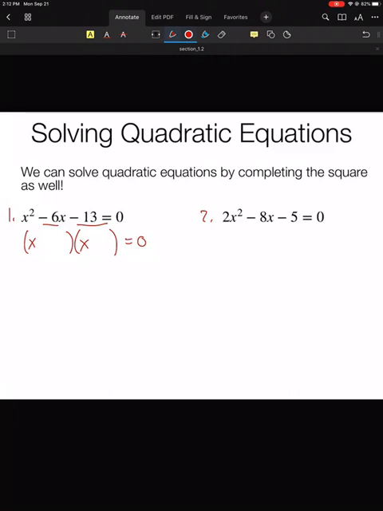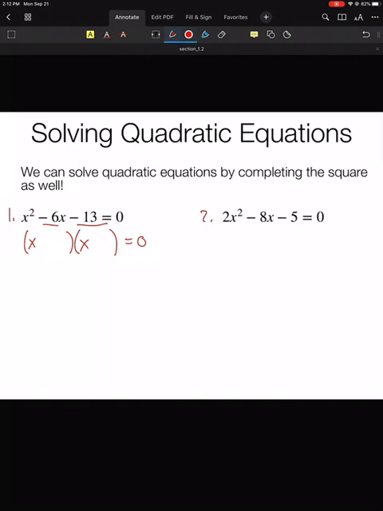Are there numbers that do that? Multiply to negative 13, add to negative 6. The only whole numbers that I can multiply to get 13 are 1 and 13.